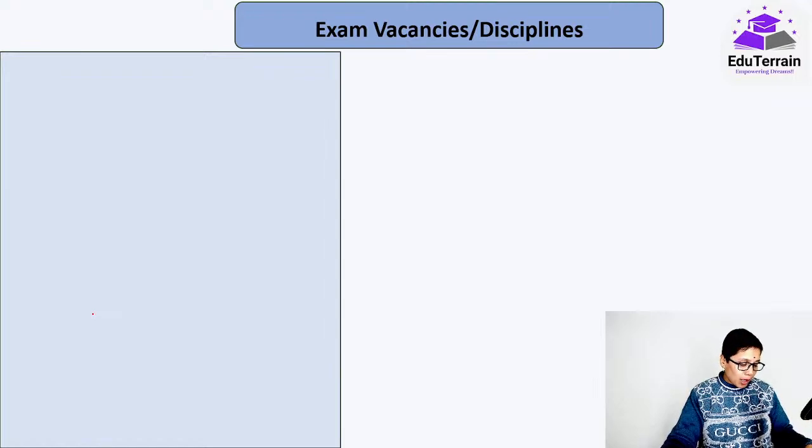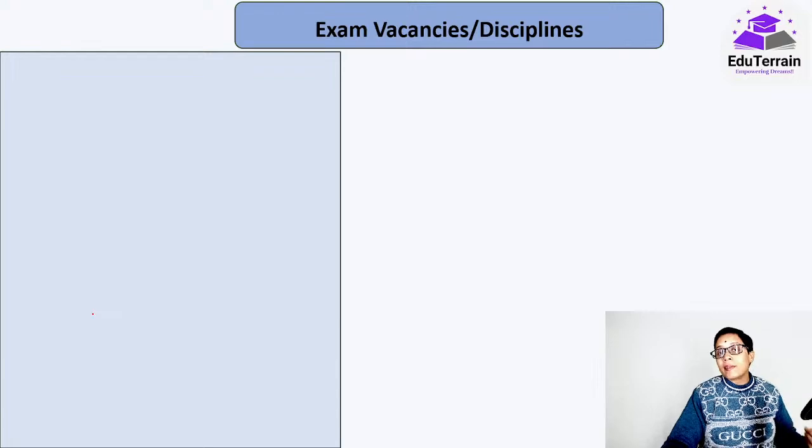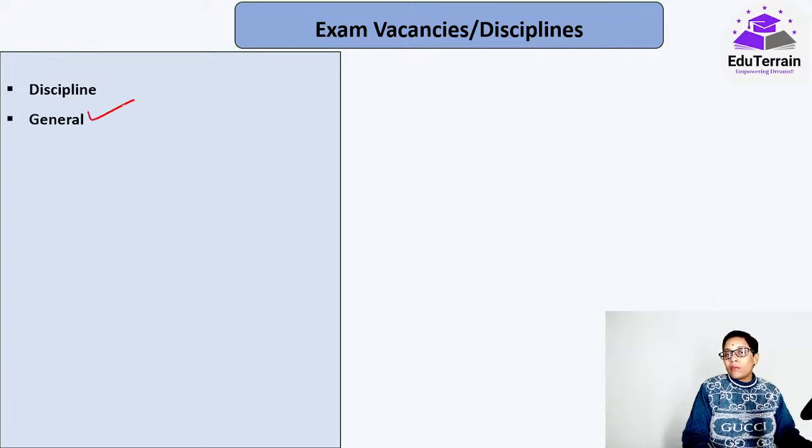Next comes, now we have seen about NABARD. The next question that comes into our mind is, what are the various disciplines or vacancies under which the notification is released every year or whenever they are vacant. So here these are the various disciplines. One, the general one, which is what we generally focus on.